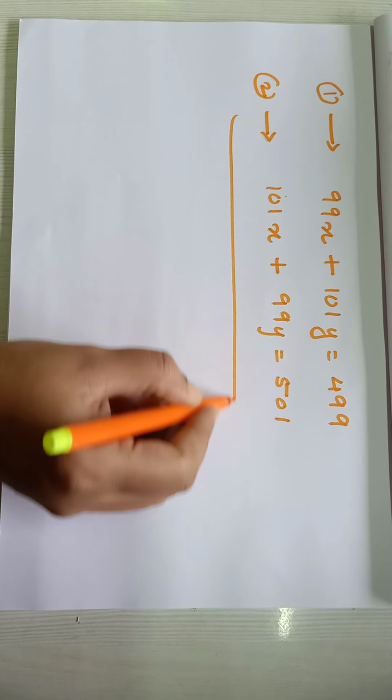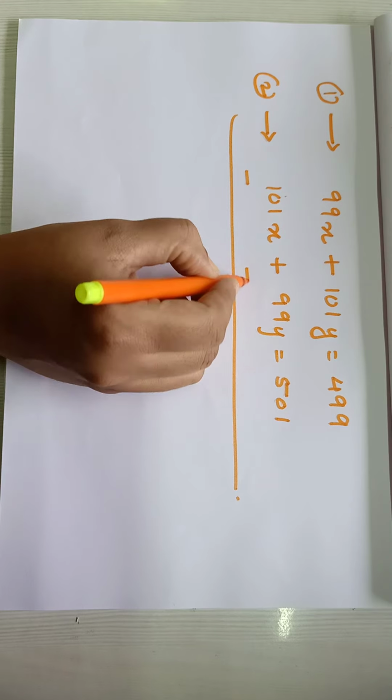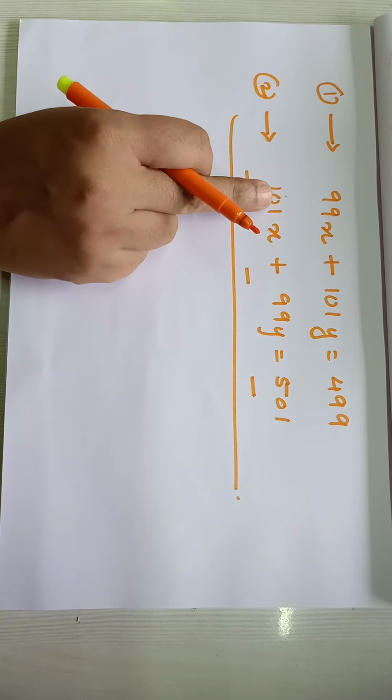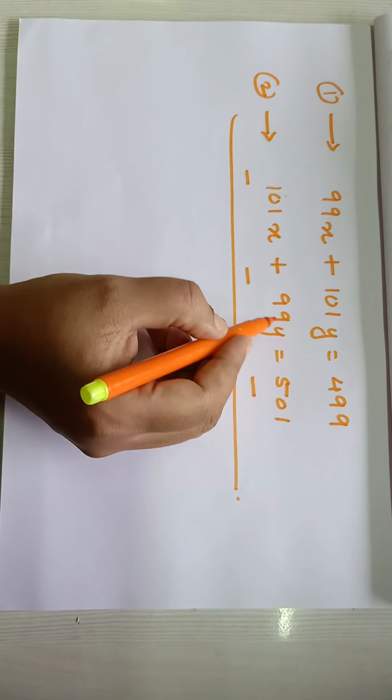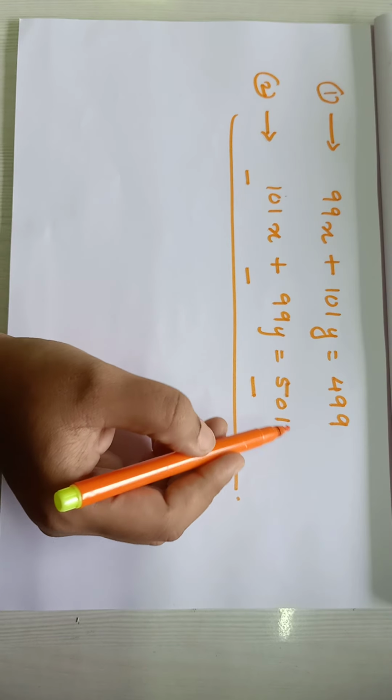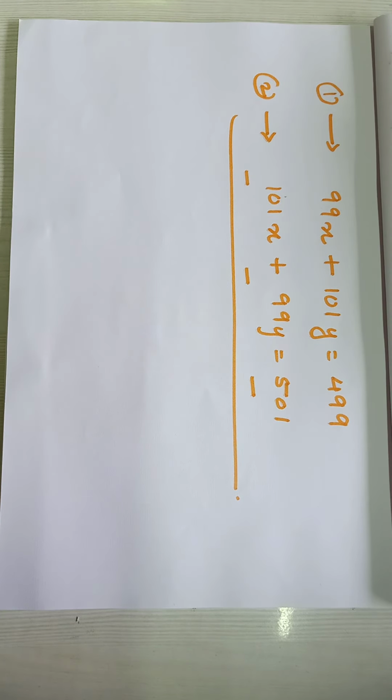So let's subtract them. When we subtract them, we change the signs of the lower equation. 101 is plus, so it will become minus. 99 is plus, it will become minus. 501 is plus, it will become minus.